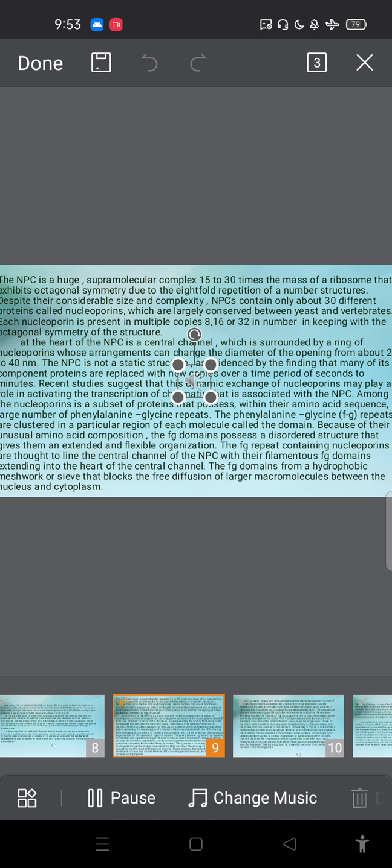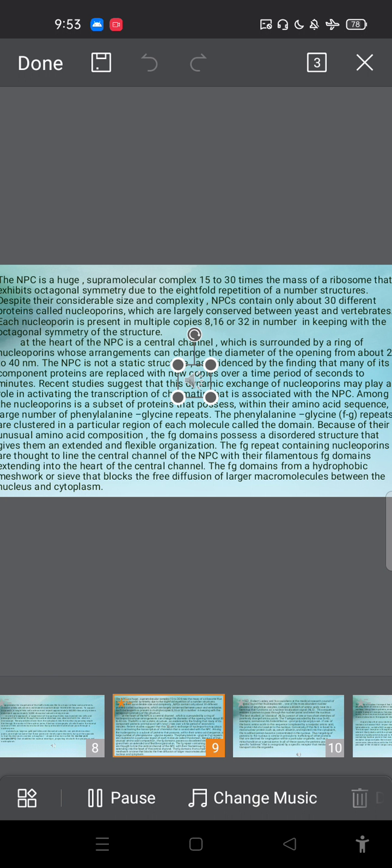Despite their considerable size and complexity, NPCs contain only about 30 different proteins called nucleoporins, which are largely conserved between yeast and vertebrates. Each nucleoporin is present in multiple copies, 8, 16 or 32 in number, in keeping with the octagonal symmetry of the structure.